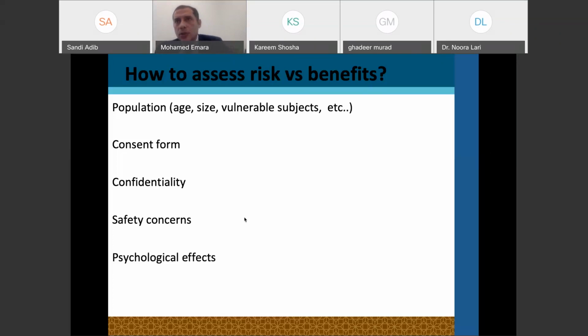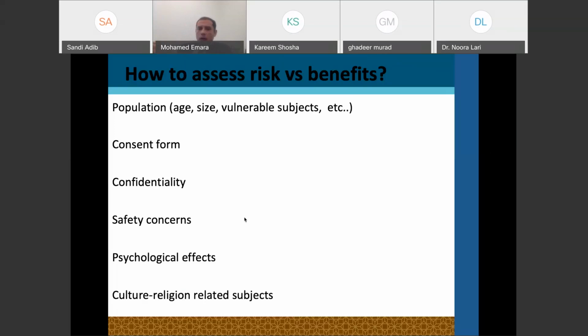Psychological effect. Is the study that you're doing, in terms of a questionnaire or survey or questions that you're going to ask this subject, going to affect him psychologically? Is it going to be a very sensitive question that can create problems in the family or within the human subject himself? This brings me to the very sensitive part of cultural and religion related subjects, which we have a lot of discussions about here, guys.